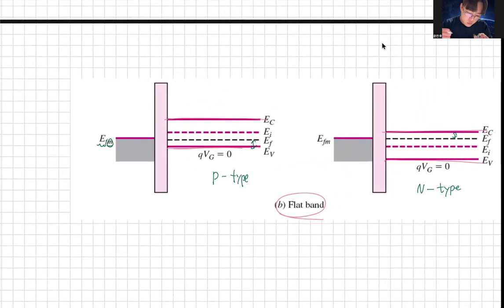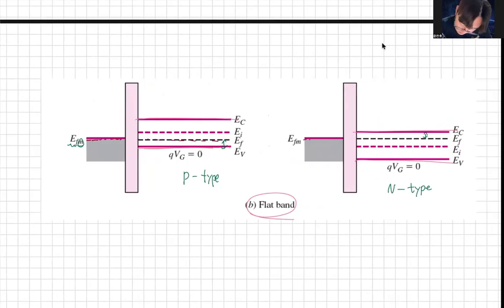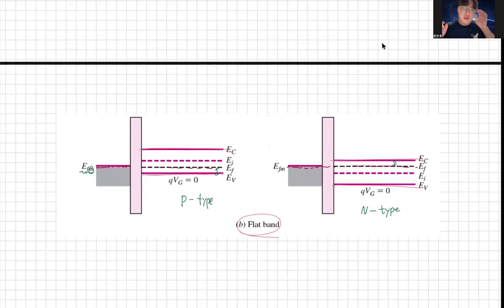So in this metal MOS diagram, we always have to maintain this offset, and this, and this.